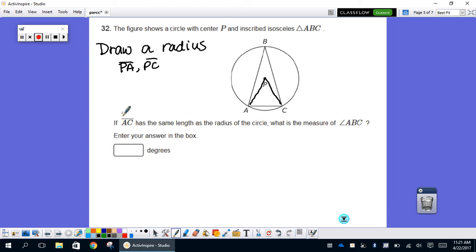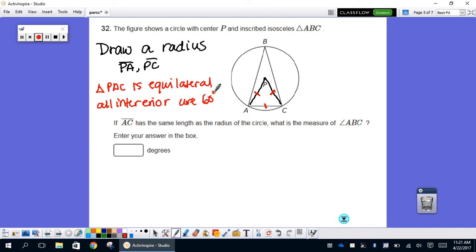And then we used that, hey, they told us that segment AC is congruent to the radiuses. So then now we have triangle PAC is equilateral. Which means all the interior angles are 60 degrees.